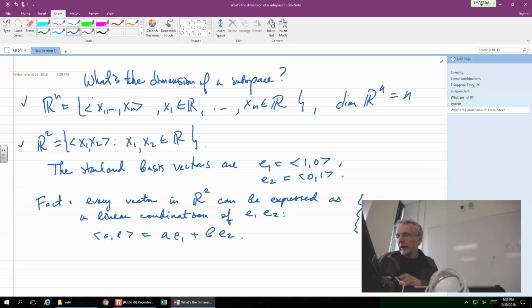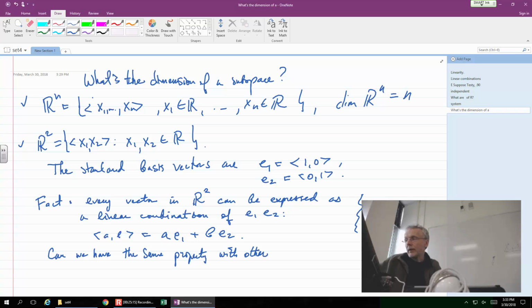Let's tweak this a little. Can we have the same property with another pair of vectors, still in the plane?